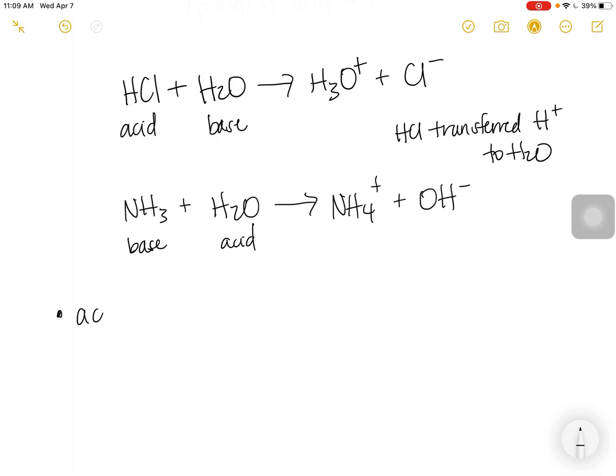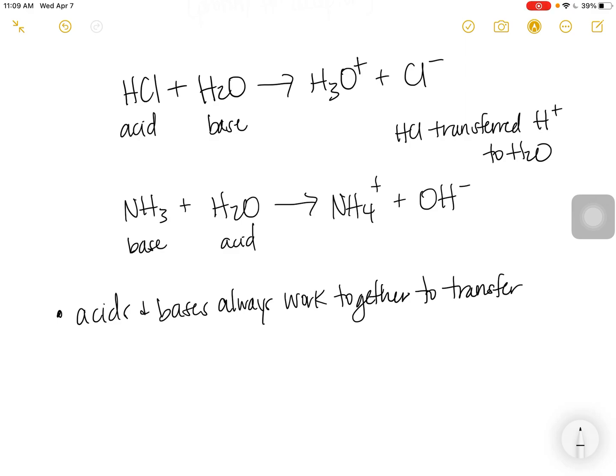So it always takes an acid and a base together to transfer a proton. That's something important: acids and bases always work together to transfer a proton or an H plus.